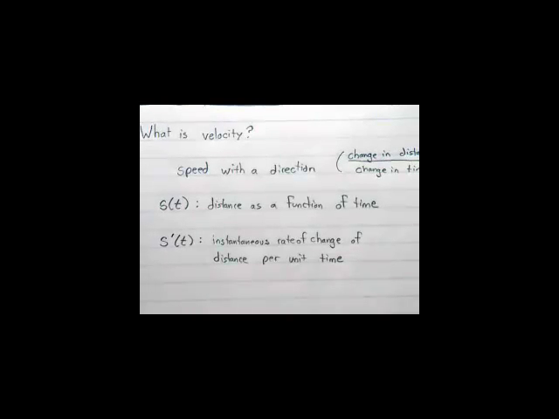So, because if that's how I'm going to define my function, this distance as a function of time, then s prime of t, the derivative of it, should be the instantaneous rate of change of that distance per unit time. Well, think about that. Is that not the same thing as what we just said right here? Instantaneous rate of change of distance. Change in distance per unit time. What does per imply? Divide, right? When you think about units, like miles per hour, it's miles over hours, right?